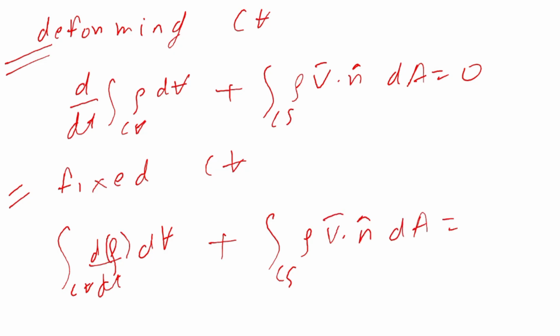You don't have to worry about the relative velocity. Okay, and next we'll look at how you can further simplify some of these terms, especially for the fixed control volume, and then you'll see the benefit of moving this time derivative inside. How is it helping you, or how is it making your life simpler?